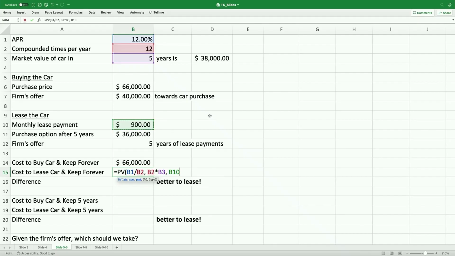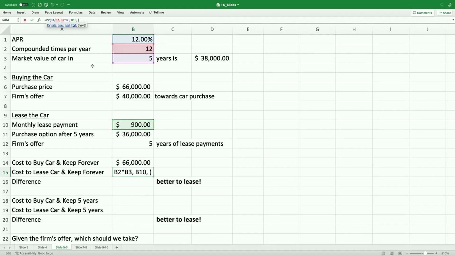Now, if you close parentheses here, I will have not included this $36,000. Agree? This $40,459.53 is just the present value of 60 months, $900 per month. So we want to include this $36,000.